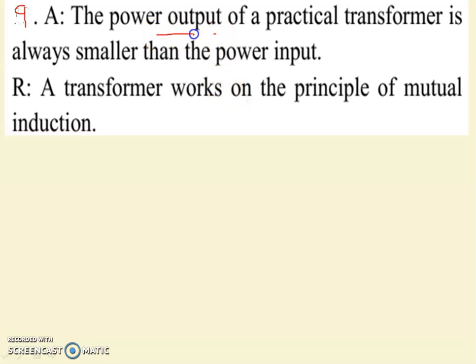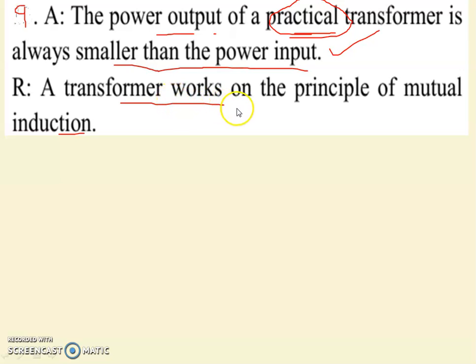Now question number 9. Assertion: The power output of a practical transformer is always smaller than the power input. Reasoning: A transformer works on the principle of mutual induction. Right? A practical transformer has efficiency less than 1. It means the output power is always smaller than the input power. So the assertion is correct.